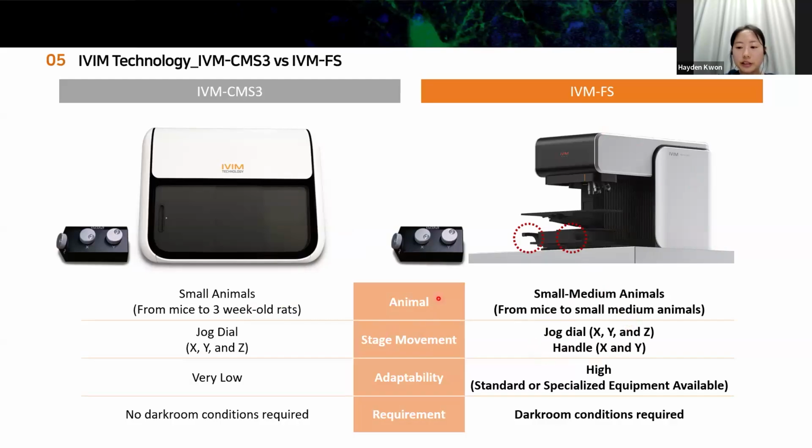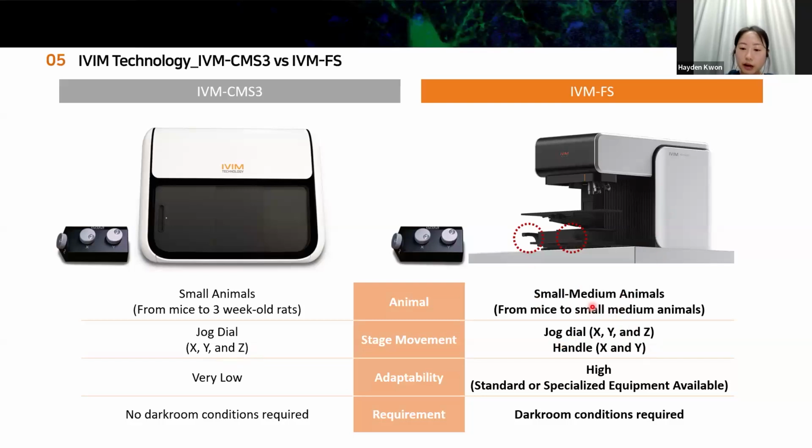In the earlier version, the stage was quite small, whereas in the free space system, the width has been nearly doubled. This makes it possible to image small or medium-sized animals. Another feature is the open space design.